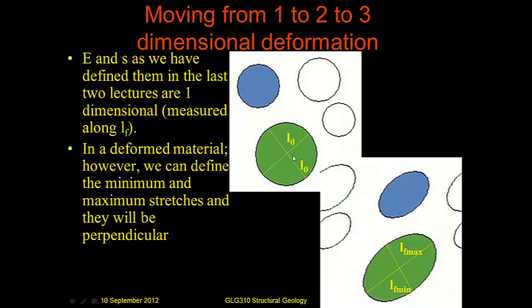But when we deform this, the circles turn into ellipses, and so there's some minimum final length along this axis, and some maximum final length along an axis perpendicular to that. If we take the ratios, we can call those the minimum and maximum stretches. And we could also have minimum and maximum elongations. And they'll always be perpendicular.